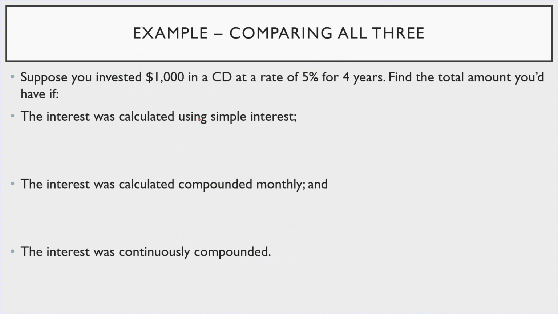Suppose you invested $1,000, so this is my principal, in a CD that pays 5%, so that's my rate, for 4 years. So T is equal to 4. Find the total amount, so the future value, you'd have if the interest was calculated using simple interest.